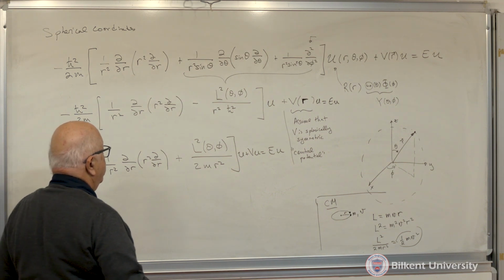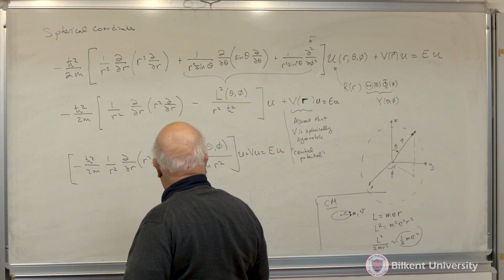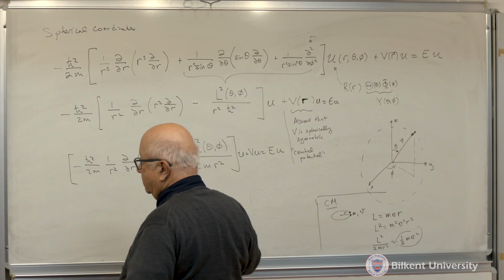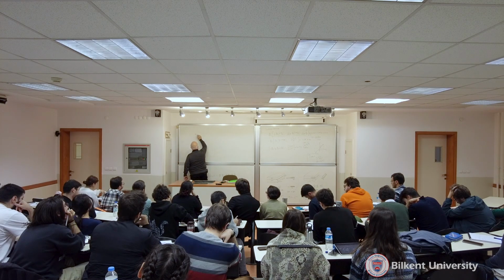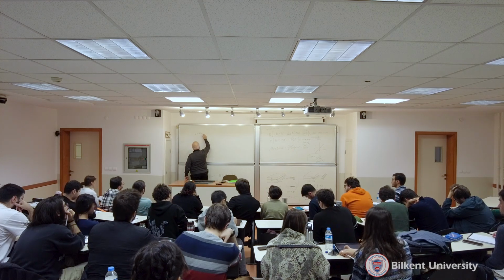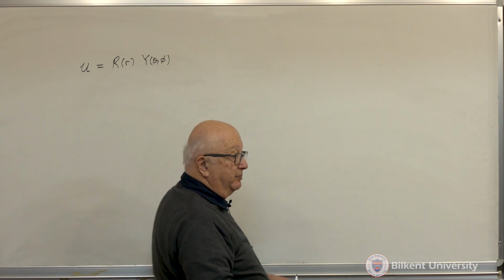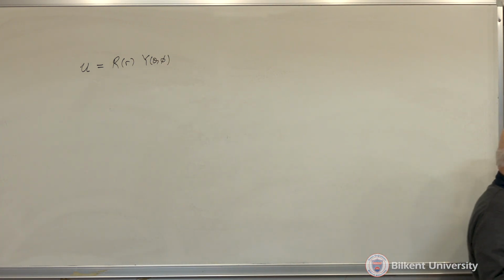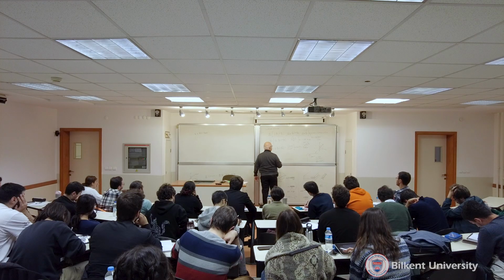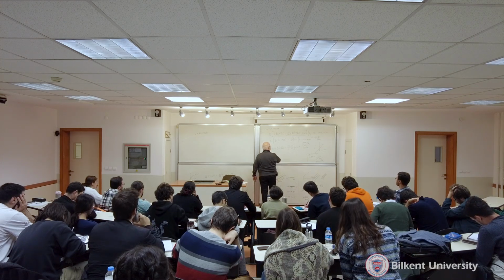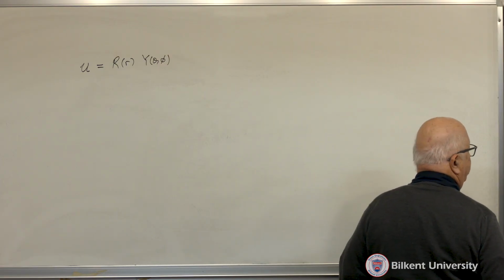Okay, so now I'm going to put in a form for u, which will be in the form of R of r and Y of theta and phi. So I'll separate the radial and the angular coordinates. Before I do that, let me multiply everything by r squared and then put this in.